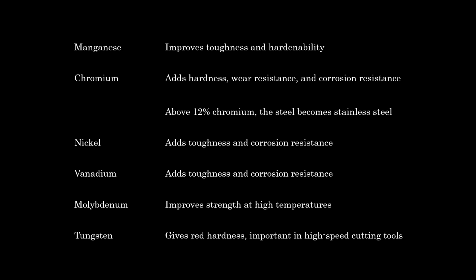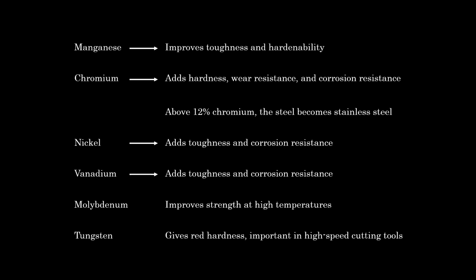But if we want to make alloy steel, we add other elements. Manganese for improving toughness and hardenability. Chromium to improve hardness, wear resistance, and corrosion resistance. Above 12% chromium, the steel becomes stainless steel. Nickel to add toughness and corrosion resistance.